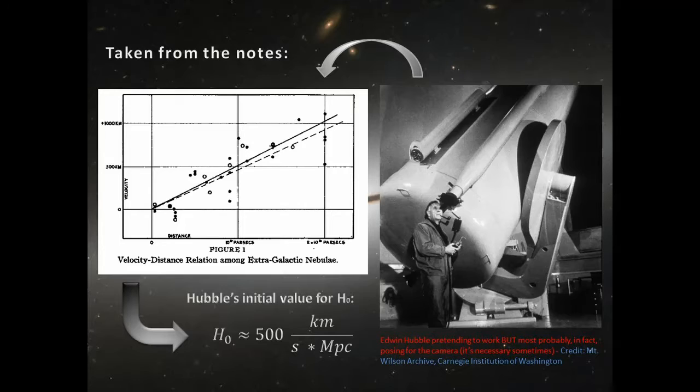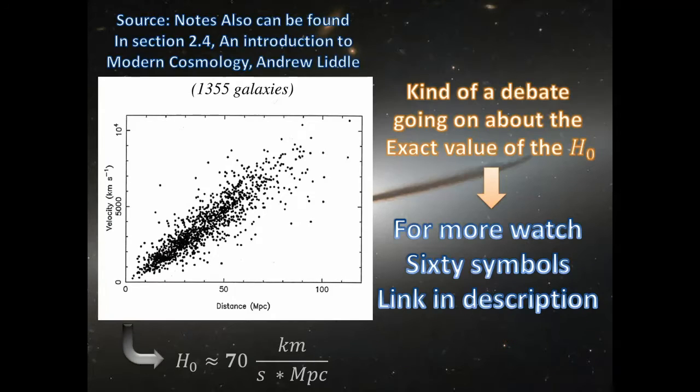So he had his Hubble constant calculated wrong, which sounds a bit ironic, but it happens. Now, the best current value for the Hubble constant is around 70 kilometers per second per megaparsec.